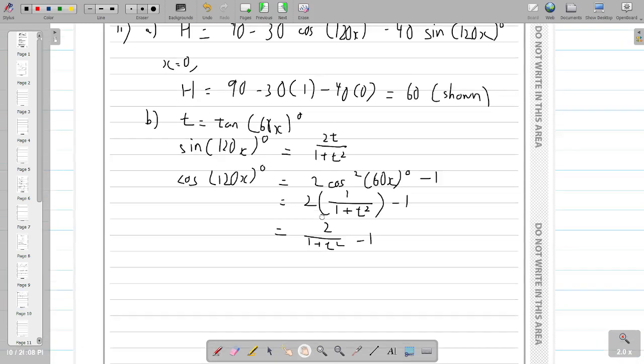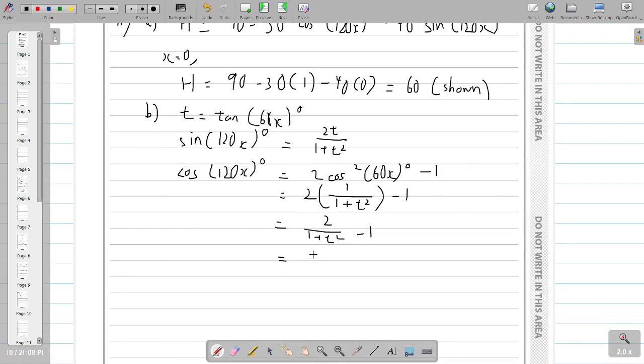If we combine denominators, we're going to get 1 minus t squared over 1 plus t squared. We just make 1 plus t squared the common denominator. So it's 2 minus, and I'm just going to bracket this for your sake, 2 minus (1 plus t squared), which will give us that. All right. So that's cosine.